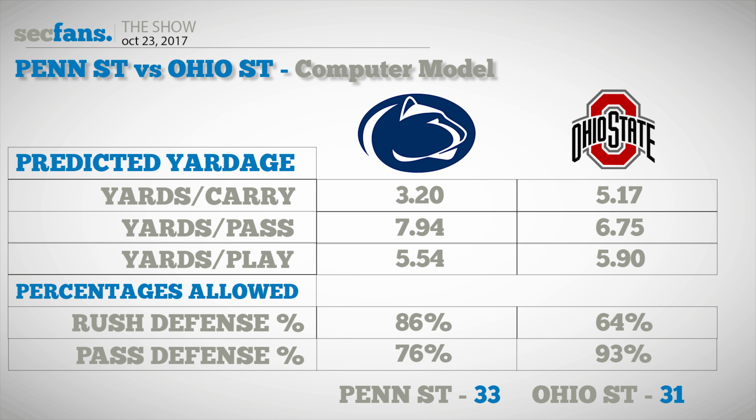Sub 80% is very good. That's when you have a genuinely good unit. Passing averages, anything below really 95 to 90% is solid. And you want to be in the 80s if you want to be a good pass defense. If you're not holding a team to 80 something percent of their rush average or passing average, you have a weakness in that area.